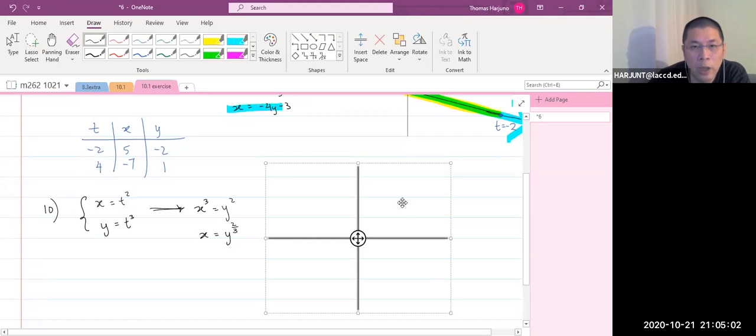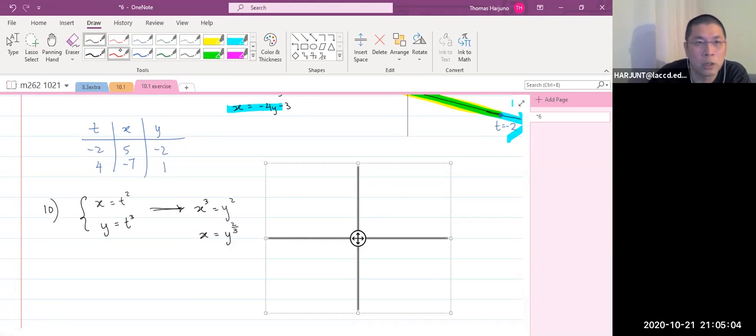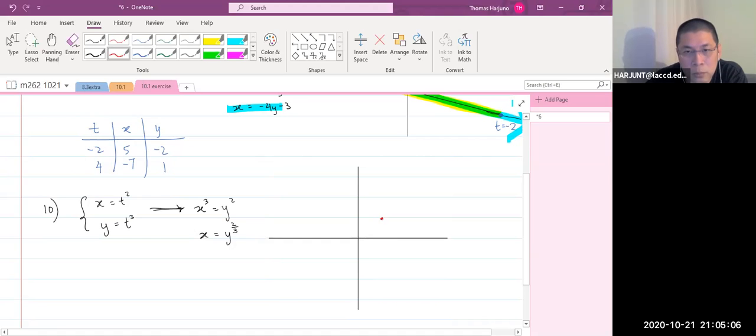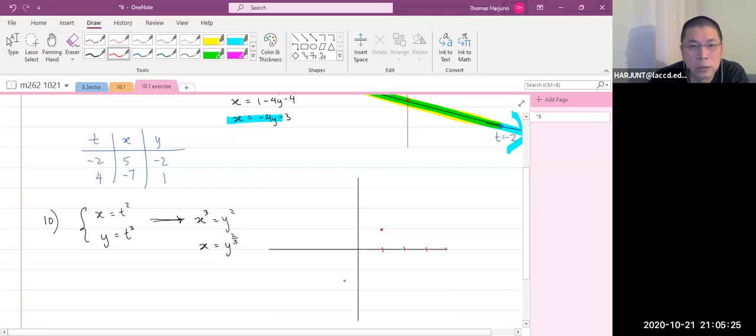So when y equals 1, x equals 1. When y equals 8, x equals 4. It's very far up there. Both have 0, 0.